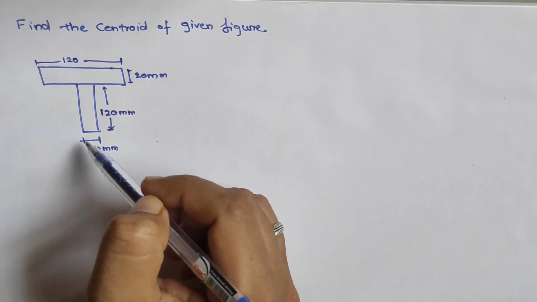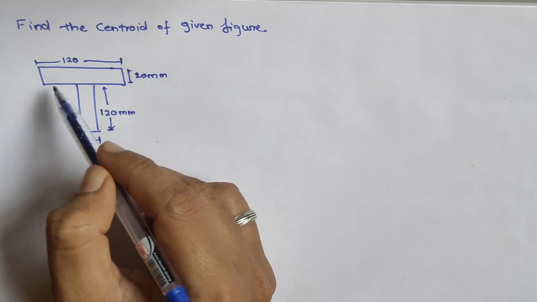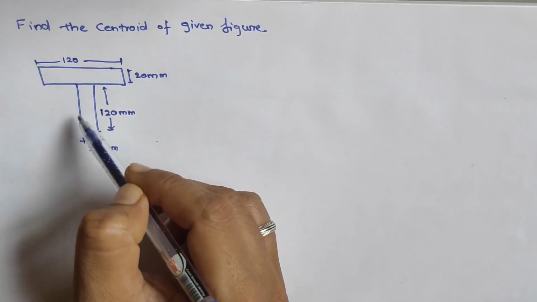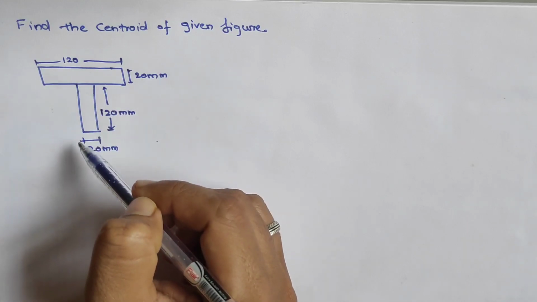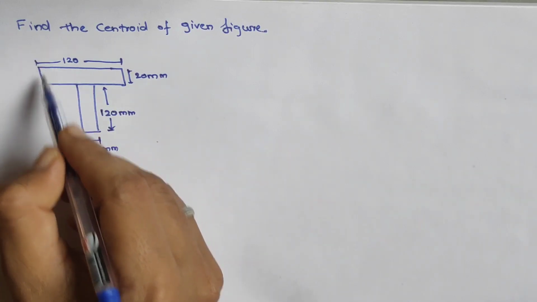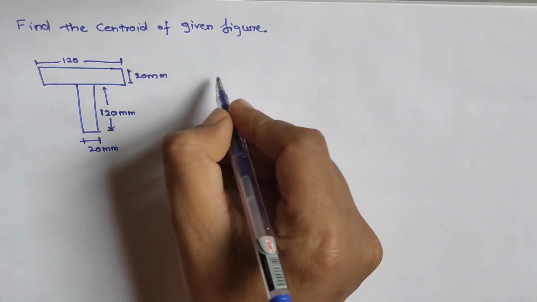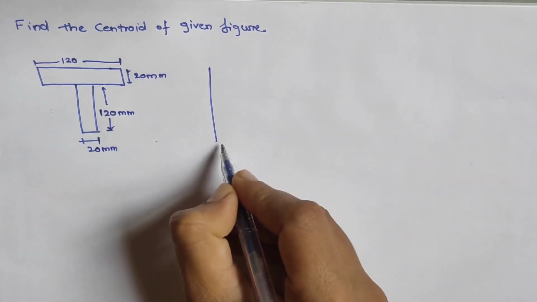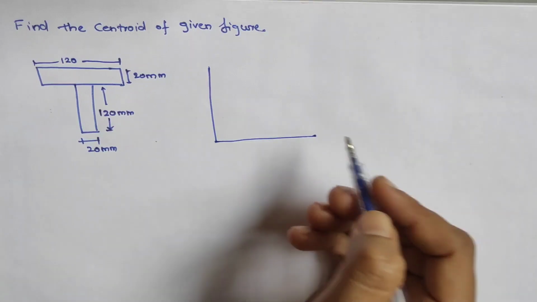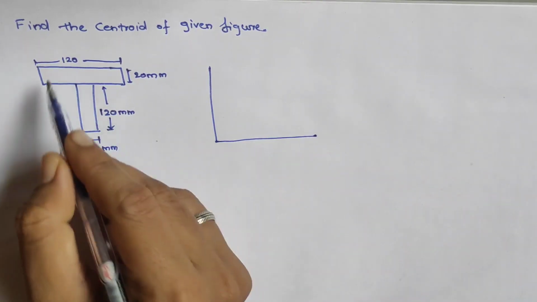First step, we have to divide this entire figure into the simplest possible rectangles or any other simple plane figures. First of all, we want two reference lines to find x bar and y bar. We put two reference lines, the y-axis and x-axis, at the leftmost and at the bottommost of this T section.